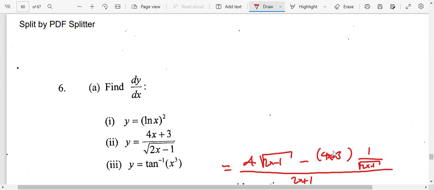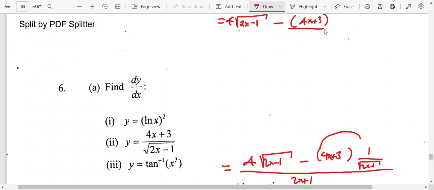So from here, also write this as 4 square root of 2x minus 1, then minus, I can multiply this thing which is here to the one which is on top. So that will be minus, we are going to have 4x plus 3 on top.